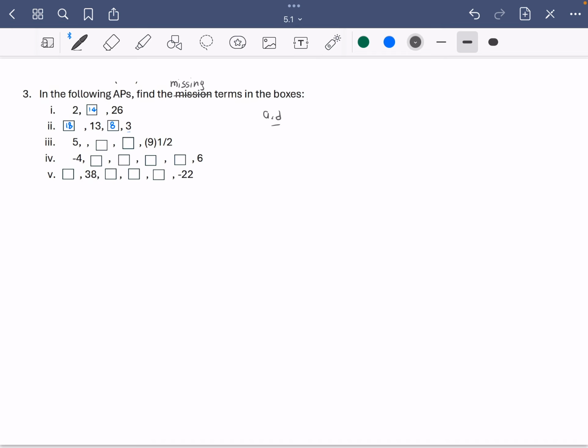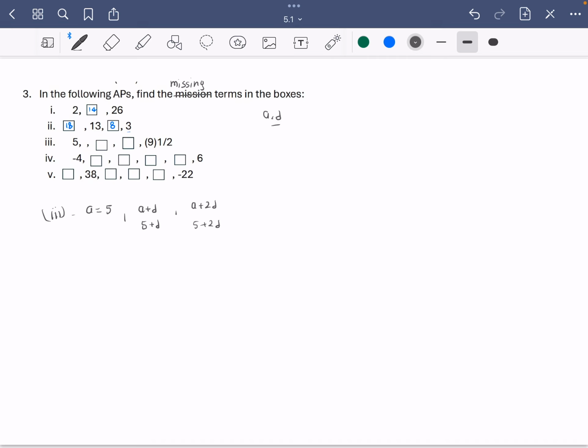The third question, which is a is 5, a2, that is a plus d, we do not know, or it is going to be 5 plus d. Then a plus 2d, we do not know this, or 5 plus 2d.